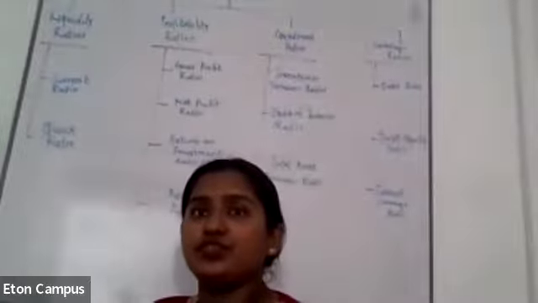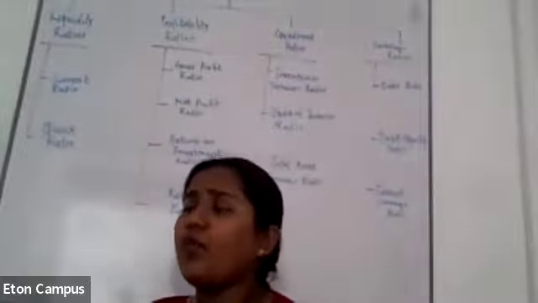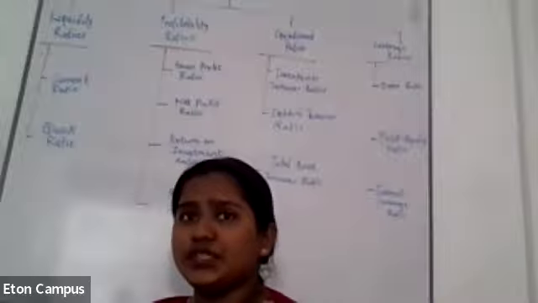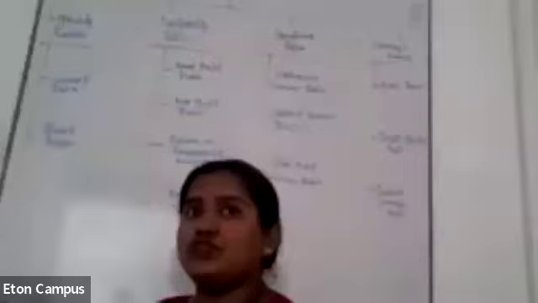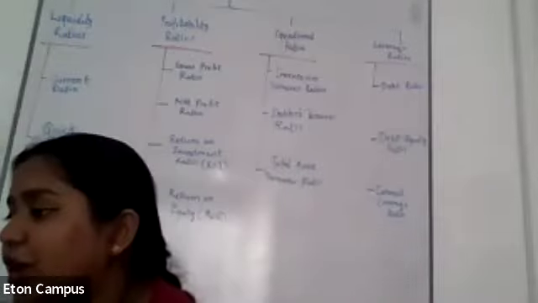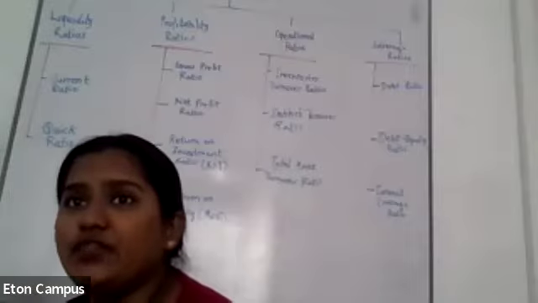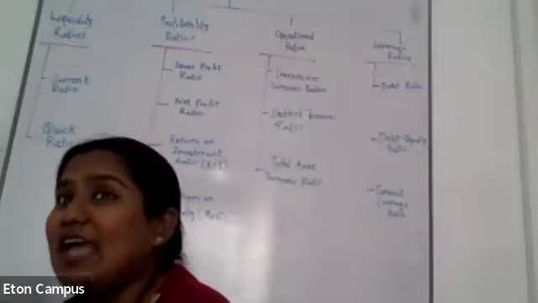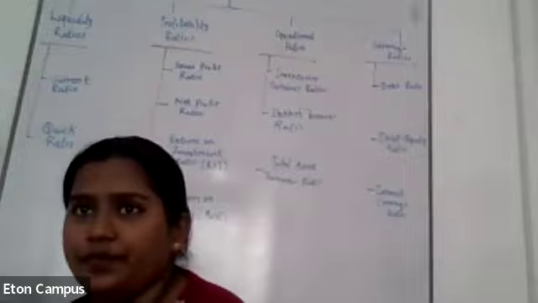Why we use ratios is to know how the day-to-day operations take place and how we can assess that against the financial stability of our company. So this is a way to examine the stability of our company.